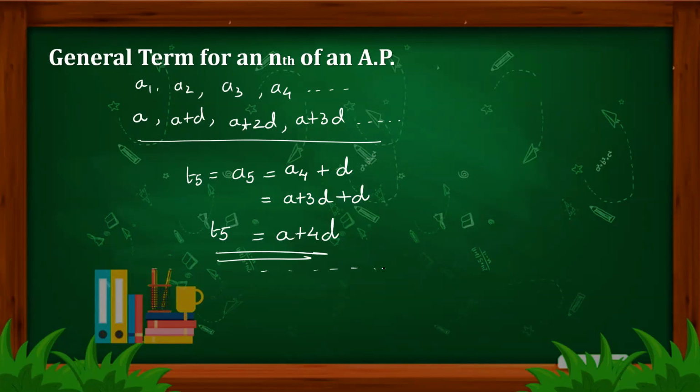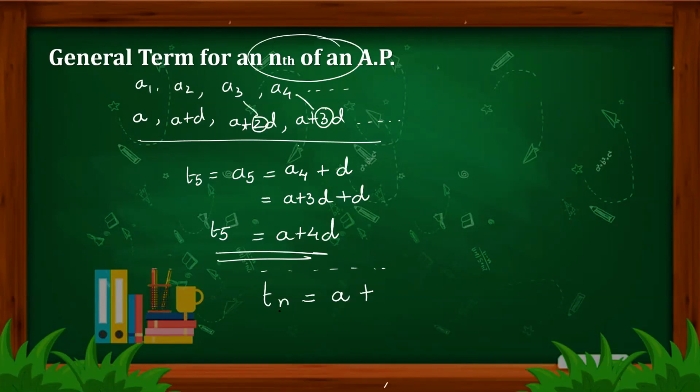So in order to get a general form to find the nth term, that means any term of an AP, we will take this as, let Tn is equal to A. If you observe, this particular number is always 1 less than the number of the term.